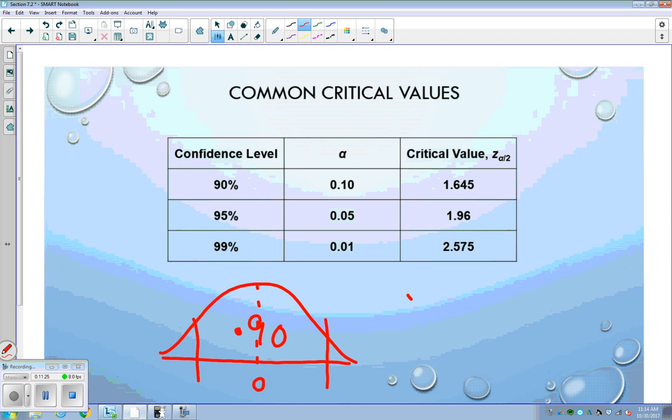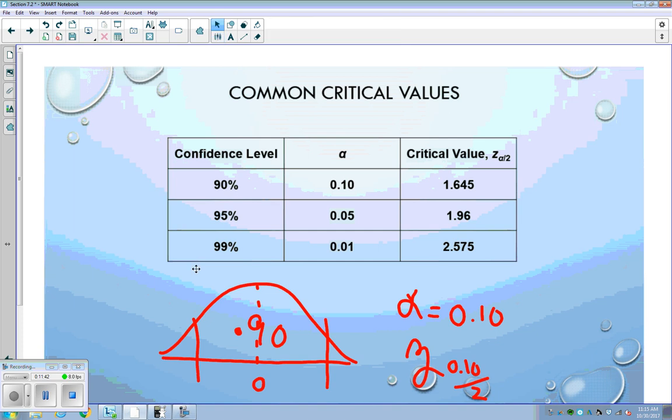So I want the Z of alpha divided by 2, right? What is alpha divided by 2? It's 0.05, correct?